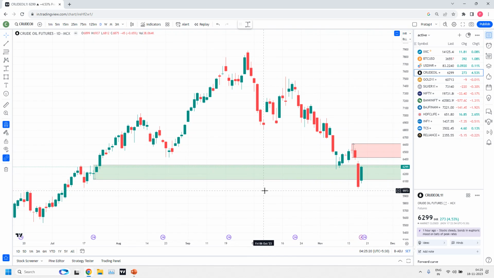Once a zone is violated, that zone should be deleted from your charts because it is not meaningful to keep it on the chart. Yes, you can keep it on the chart just to check the zone achievement and to understand these concepts. You can keep it for the time being.